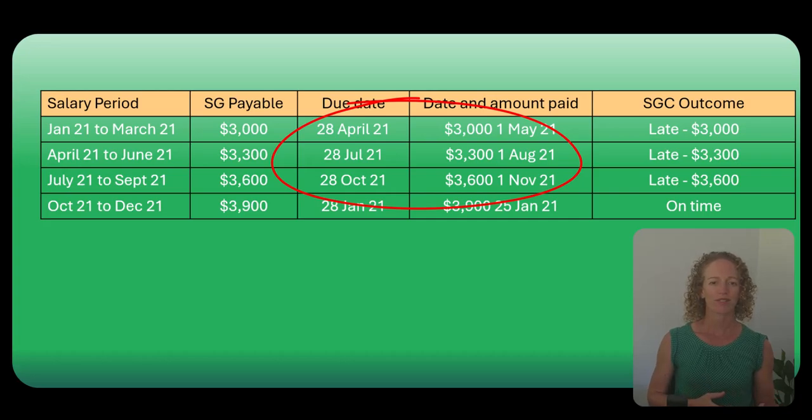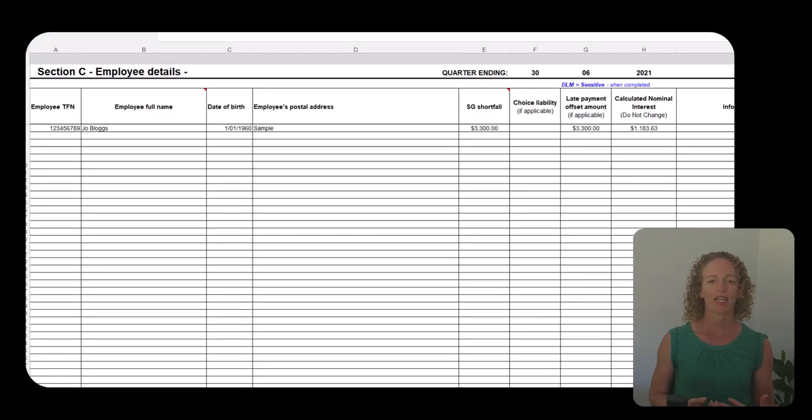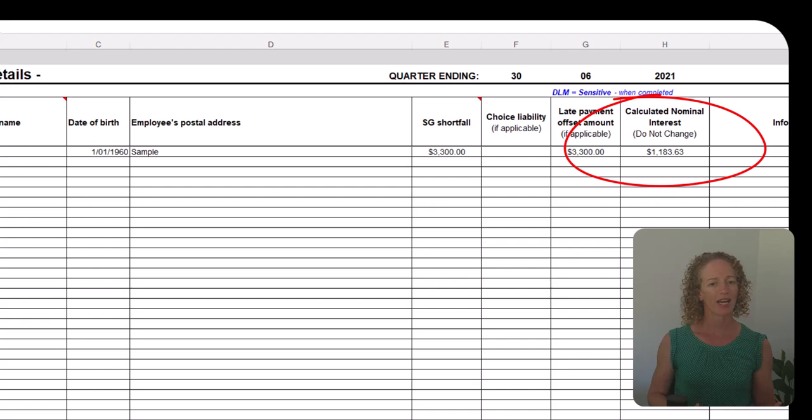As the first 3 quarters are late, the starting position is that we have a super guarantee shortfall and need to lodge an SGC form for each of these 3 quarters. So if we put the 30 June 21 quarter payment into the SGC form, it shows $1,183 of nominal interest accruing.